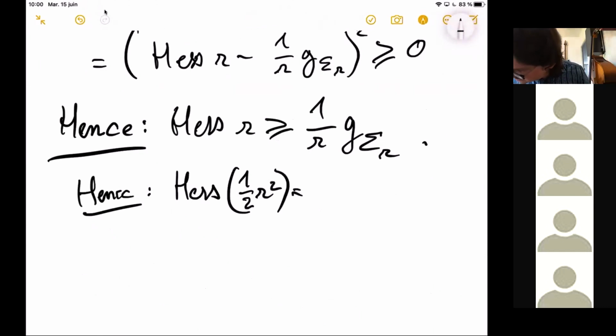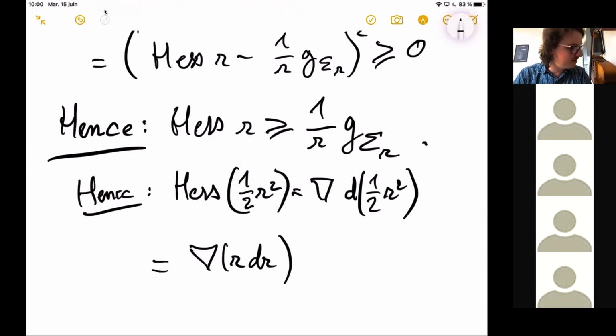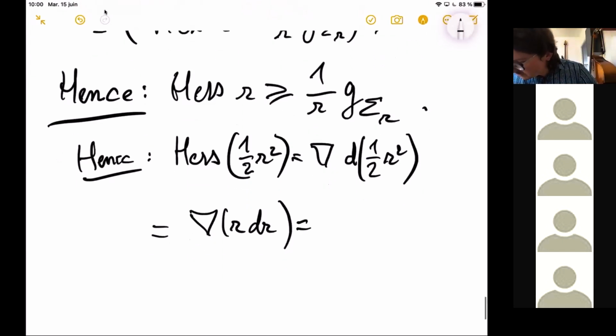You can see that as the covariant derivative of the one form which is the exterior derivative of R squared over 2. So that's the covariant derivative of R dR, this one form. And now you differentiate the product.